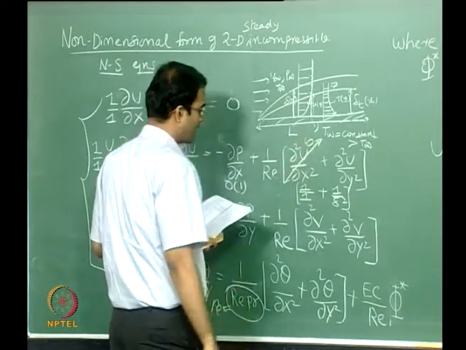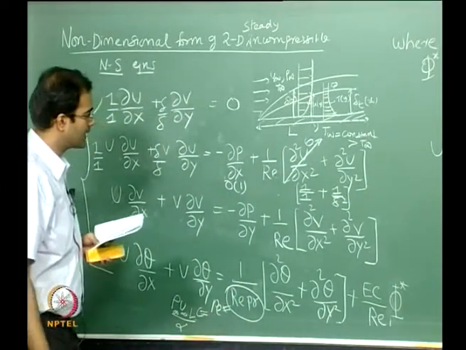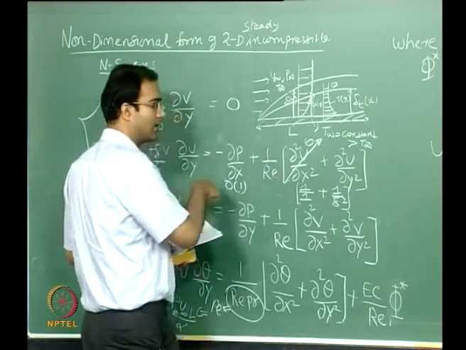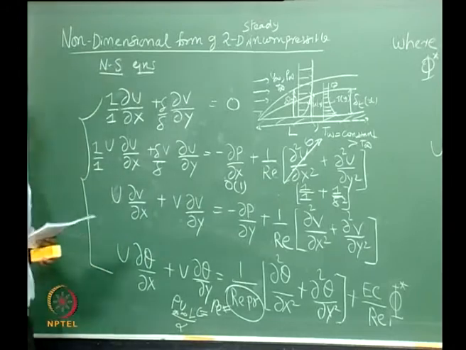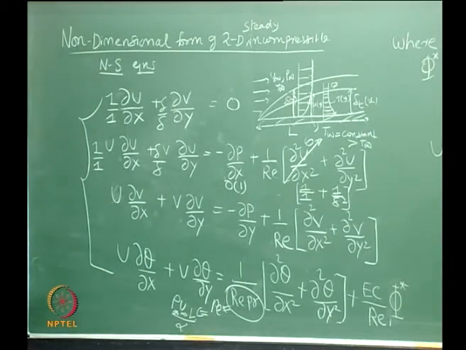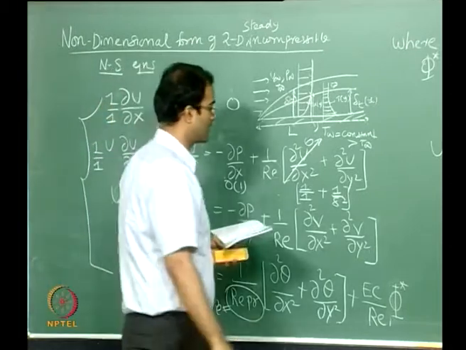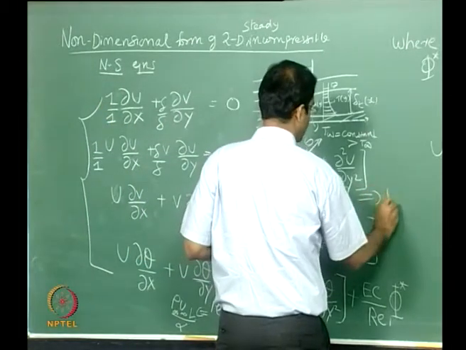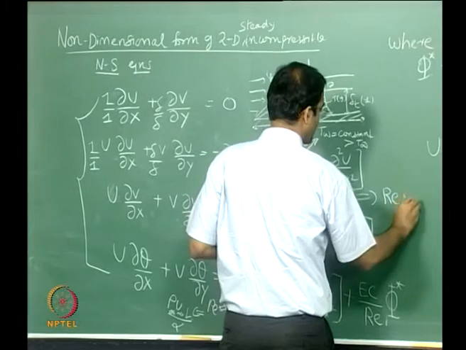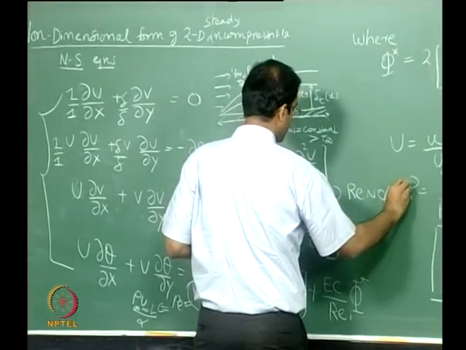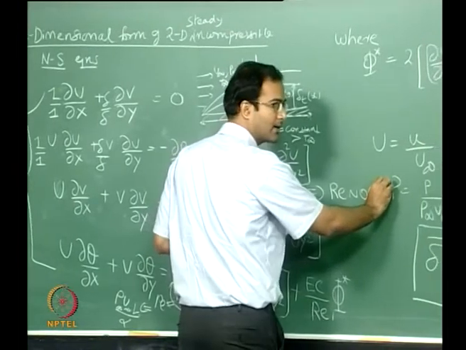So if you neglect that term, what should be the order of magnitude of the Reynolds number such that all the terms have the same order of magnitude? 1 over delta square. So from here your Reynolds number should be of the order of magnitude 1 over delta square, or delta?